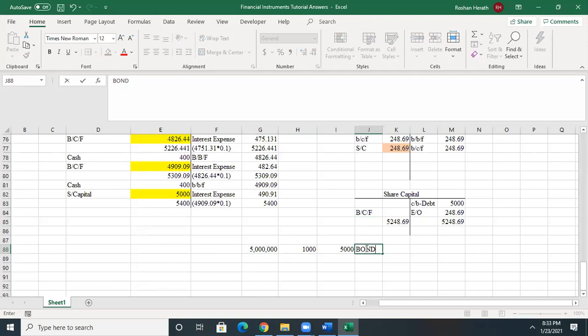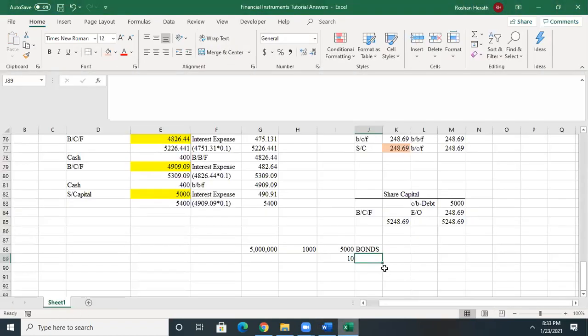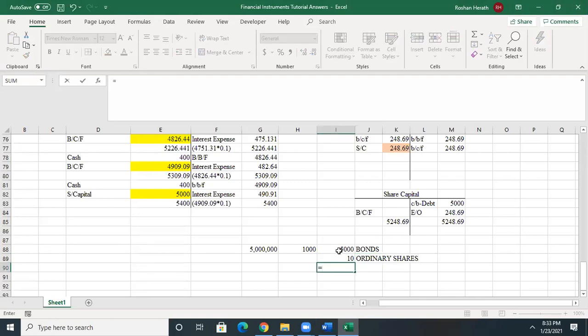The question said each bond can be converted into 10 ordinary shares. So 5,000 into 10, 50,000 shares were issued.